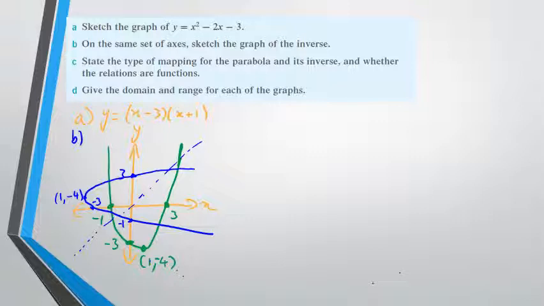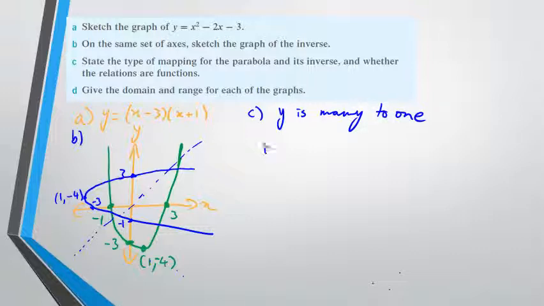Okay. C, state the type of mapping for the parabola and its inverse and whether or not the relations are functions. So the first one, we have multiple x values for one y value, so that's actually many to 1.